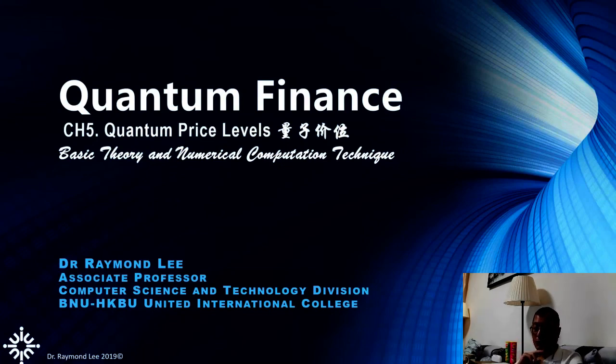We have two implementation methods. The first one is using MATLAB. As I always say in many of my courses, when we try to do some implementations, in order to speed up the whole implementation process, we won't go directly into our C program or our Java program or our MT4 program.